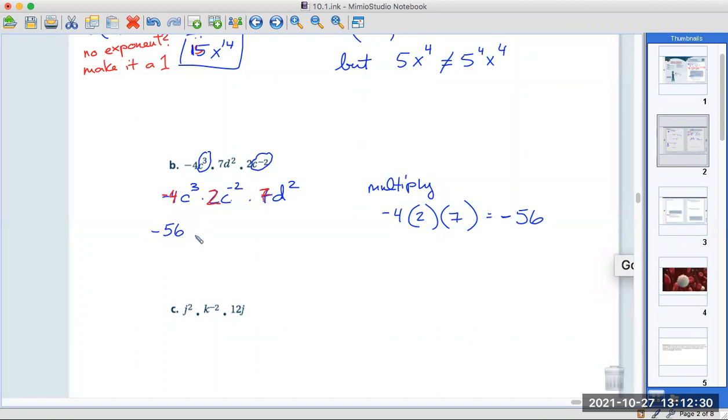Then comes the C's. You can only combine the C's. C, 3 plus -2 is 1, times D squared, because the 7 is already mixed in here. So don't write the 7. Or to make it shorter, -56 C D squared. This is the best way.